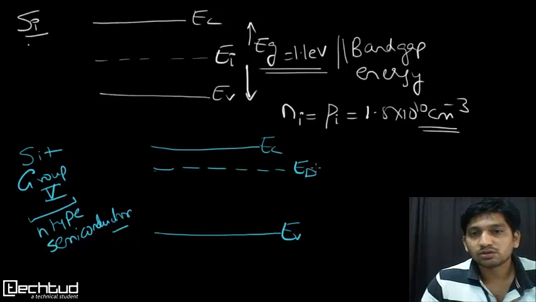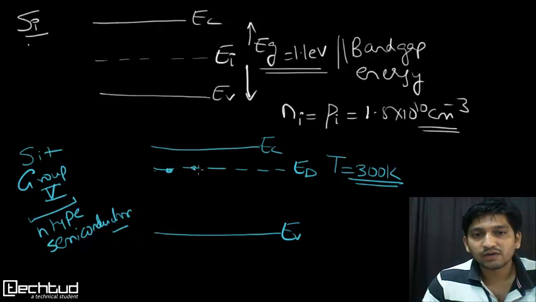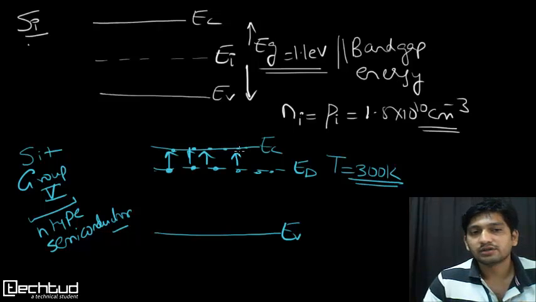Suppose you apply even 300 Kelvin, that is room temperature, the electrons available in this level will jump immediately to the conduction band, and these electrons are now freely available for conduction. So most of the electrons at room temperature will go to the conduction band, and when they are in the conduction band, they can conduct electricity.